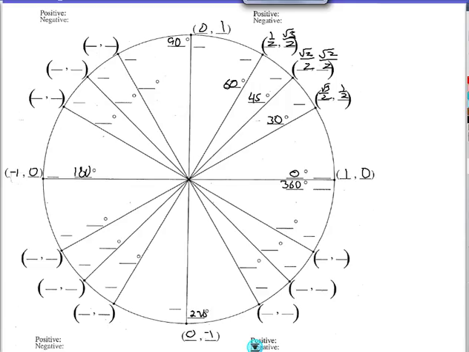Now, you can find the rest of those and not have to do what we just got through doing, because this circle is symmetric. It's going to be symmetric across the y-axis and across the x-axis. So if I were to fold this side over here, what would that fold over to? What angle measure would that be?